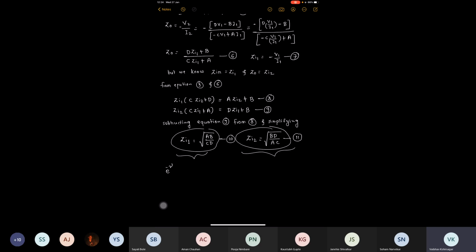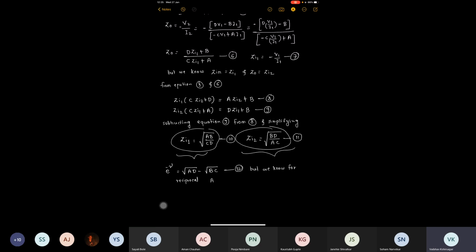Okay, so how is it given? It is given by square root of AD minus square root of BC. Let us call this equation number 12. Okay, we know if the two-port network is reciprocal, we already said what reciprocity is: input can be exchanged with the output and vice versa.